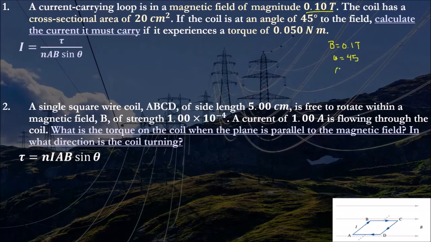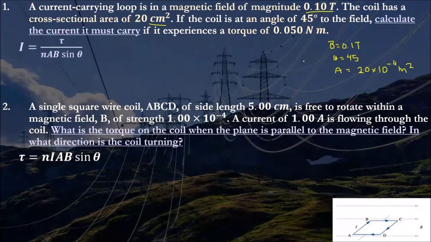We know that our area is essentially 20 centimeters squared, and this needs to be converted into meters squared, so it should be 20 times 10 to the power of minus 4 meters squared. That's our area here.